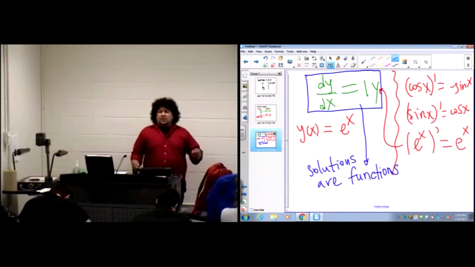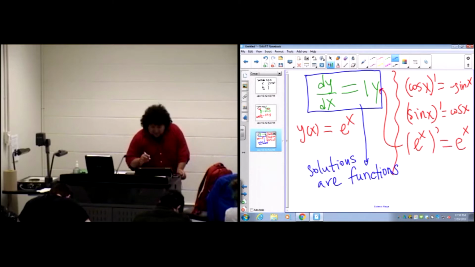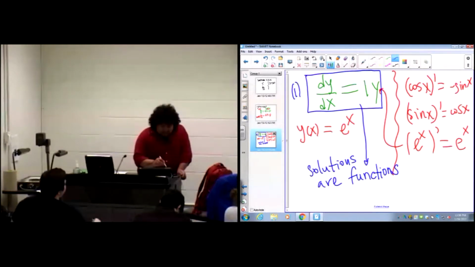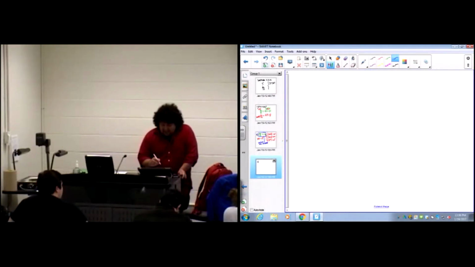The solutions are functions. And what does it mean for a function to be a solution of a differential equation? Okay. So I'm going to call this equation 1. All right?